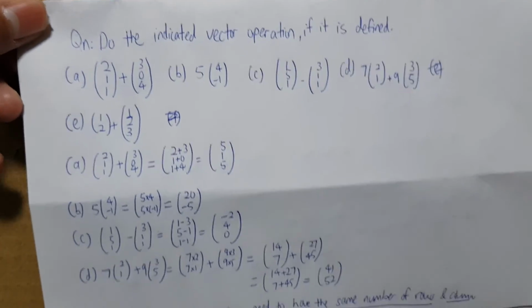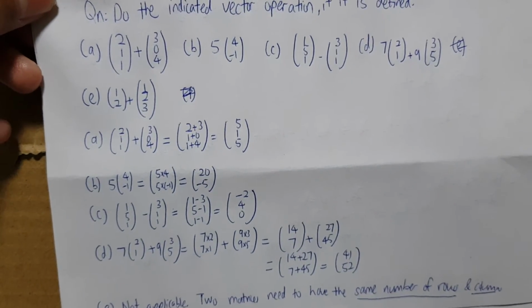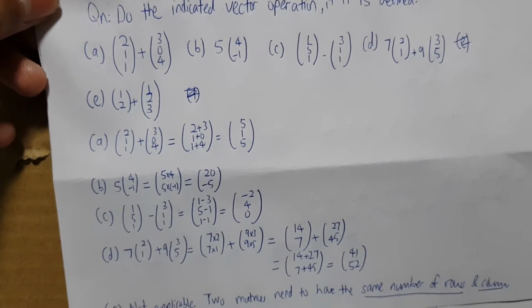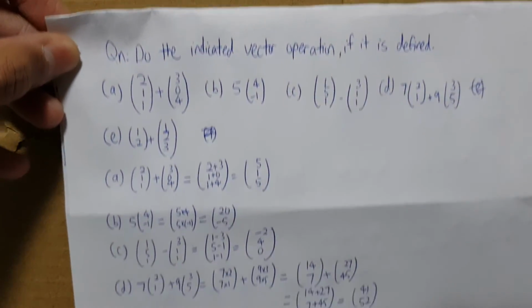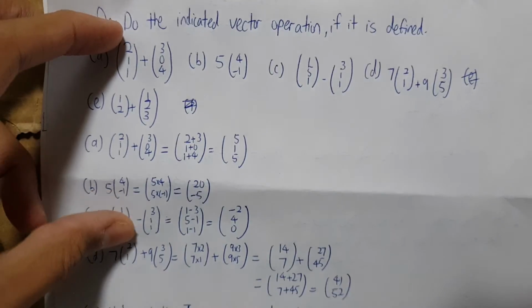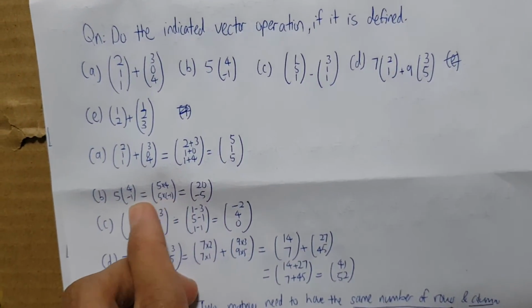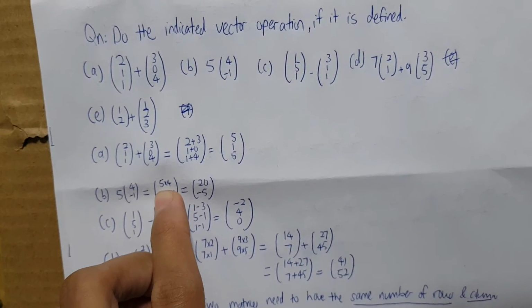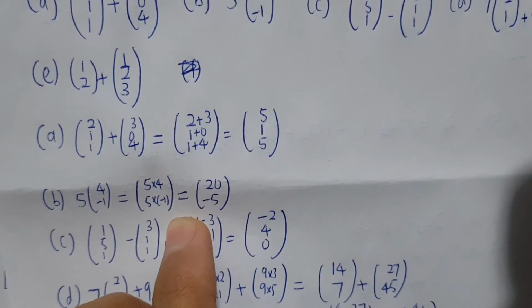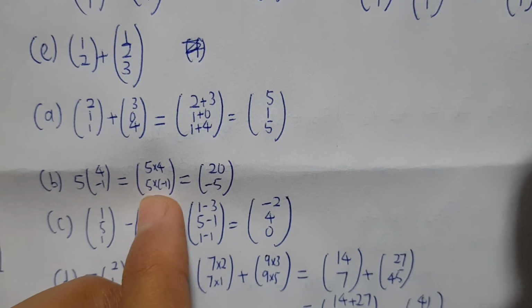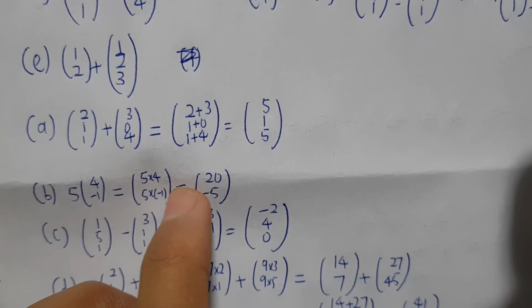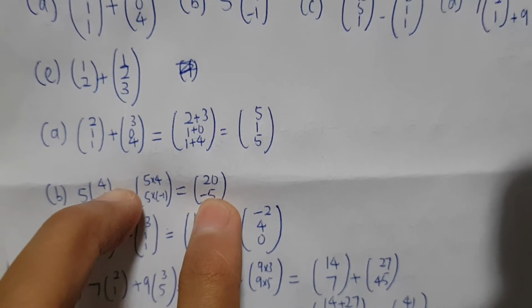The next one is scalar multiplication. For the 5 times the vector 4, -1, I get 5 times 4, which is 20, and 5 times -1, which is -5, as you can see here. So it's 20 and -5.